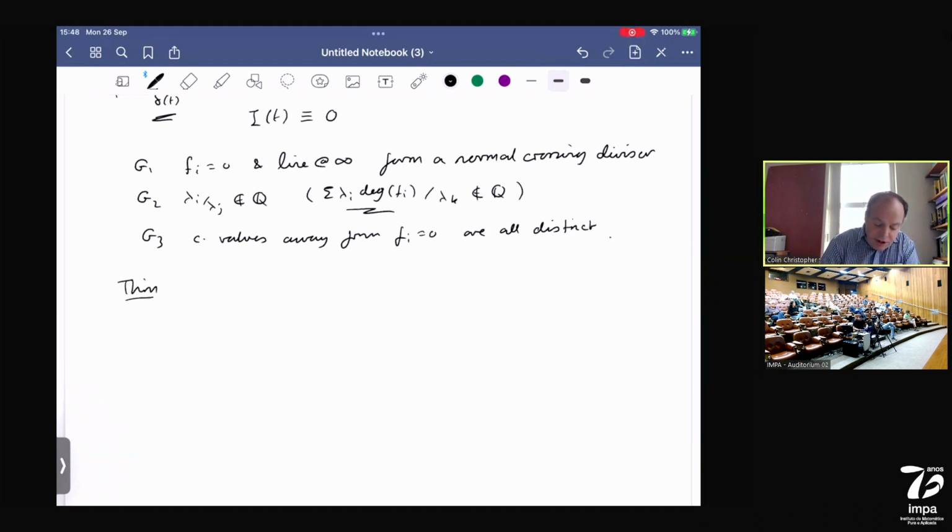If these conditions hold, then we can say the following.